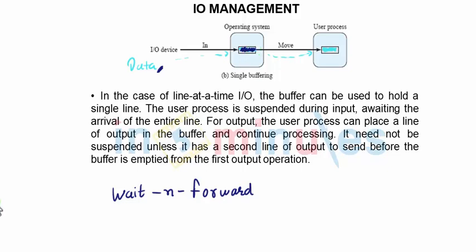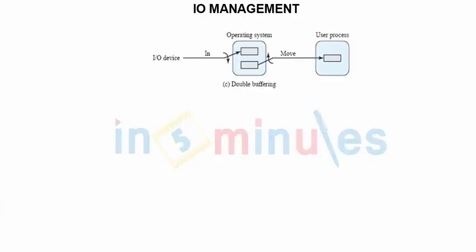One of the solutions for this condition is double buffering. In double buffering, we have a slight change. That change is simple. Instead of using a single buffer, as you can see, we use two buffers, 1 and 2. The concept is very simple. One buffer is currently being filled by the system.